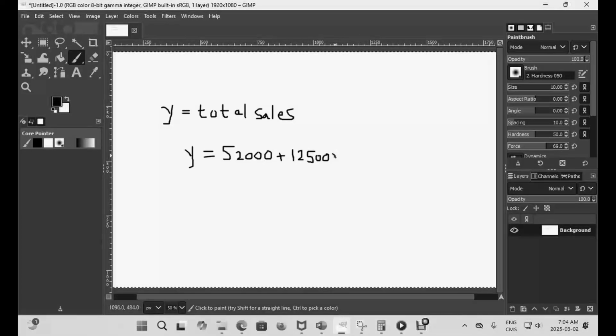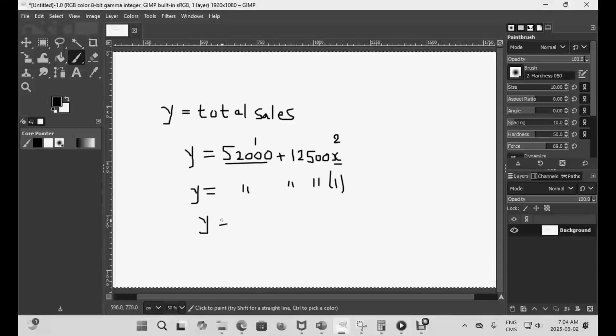X stands for the number of quarters. Now we know this is the first quarter, so if you type in 1 over here, this will be your second quarter. To figure out your y for the second quarter, which is already given, this will be 52,000 plus 12,500 times 1.